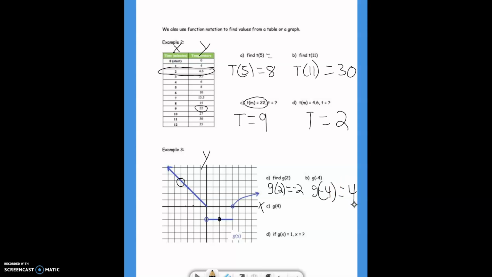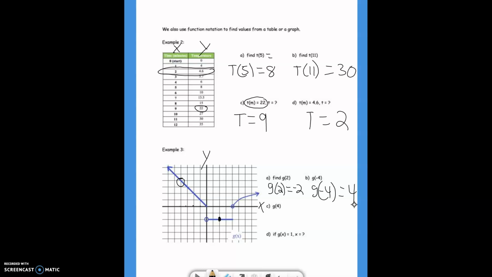Now, when g of 4, 1, 2, 3, 4, if you look at that, you have an open circle, don't you?